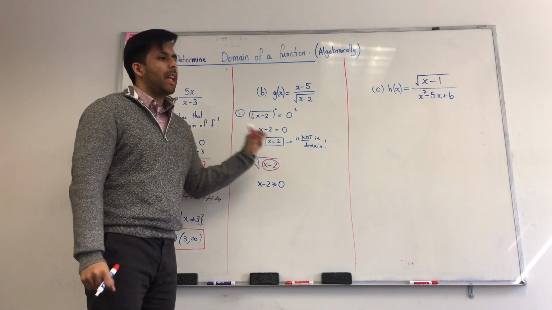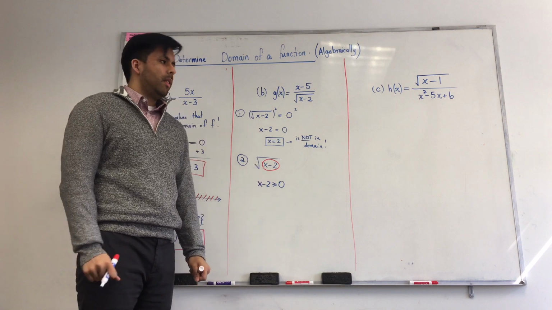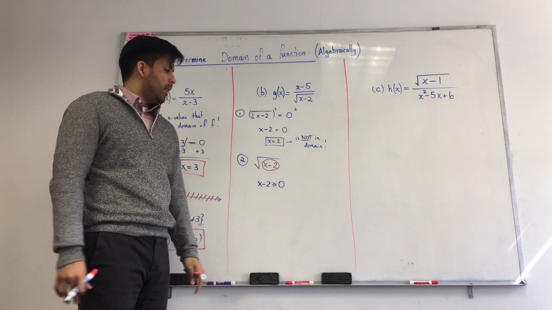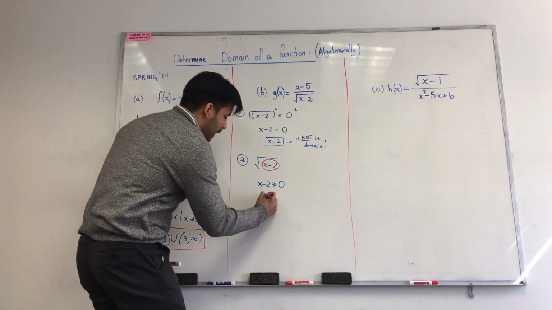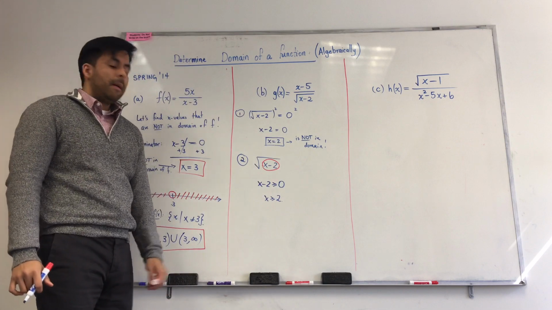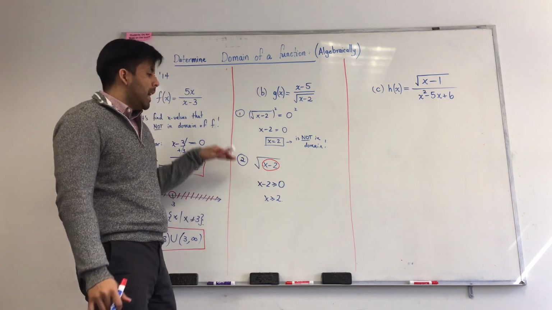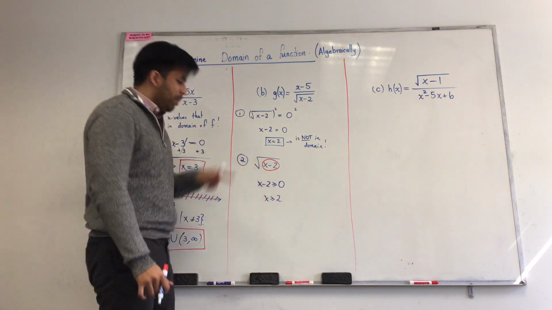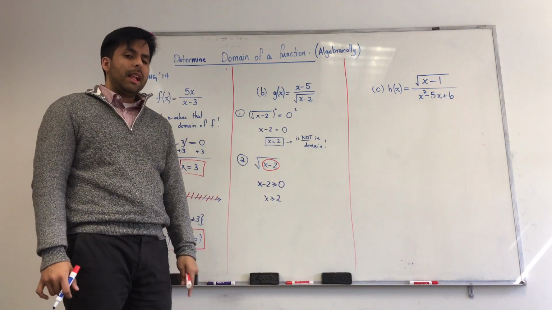Because you can't have a negative underneath the square root. It would be an imaginary number, and we're not going to deal with imaginary numbers. So we solve for x and we get x is greater than or equal to 2. So in this case, I'm able to find what is in my domain for this particular part of the function.